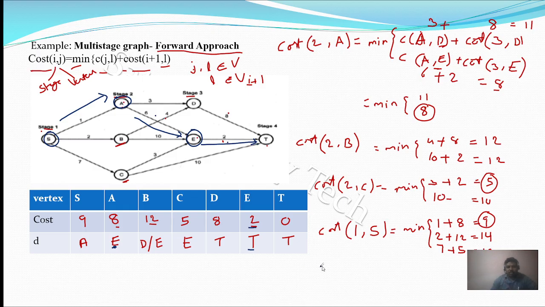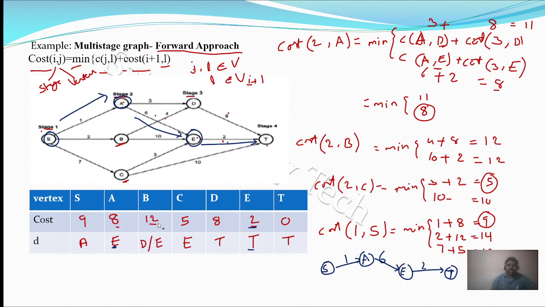So that is S to A, A to E and E to T. The cost of this edge is 2, A to E is 6, and here it is 1. So the total cost, the shortest path from source to sink, is 9.